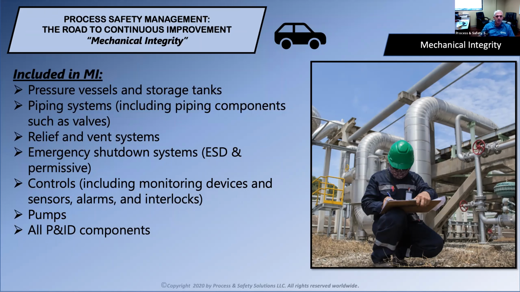Emergency shutdown systems, things like ESDs and permissives. If there are some permissives that are involved in your emergency shutdown, those would have to be included as well. Controls, including monitoring devices, sensors, alarms, and interlocks. Pumps, and pumps include compressors, etc. And then all P&ID components, essentially.